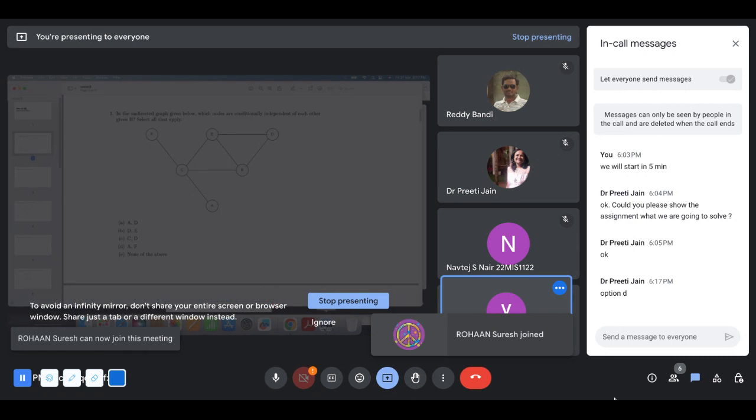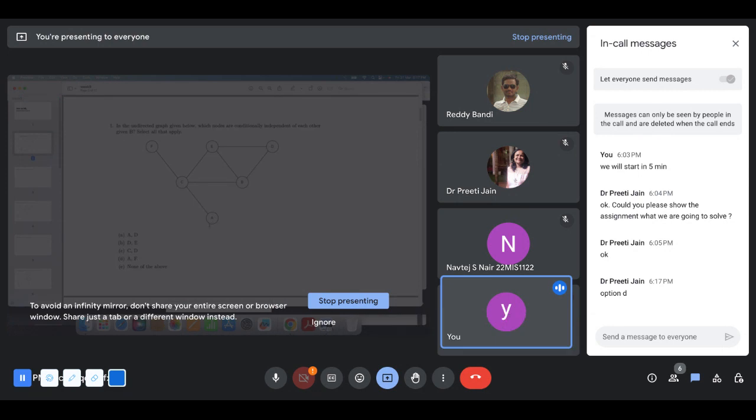D. So no, D is not the right option because you have a path from A to F that is dependent by C, right? So none of the options are correct here.